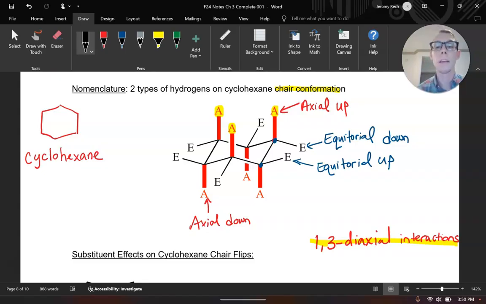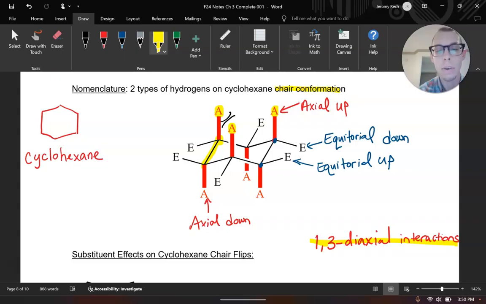You want your big groups to be as far away as possible because there can be some clash between your groups that are in the axial positions. And we call these 1,3 diaxial interactions based on where they are on the molecule. So for example, if I call the leftmost axial up position 1, my second position could be either clockwise or counterclockwise.